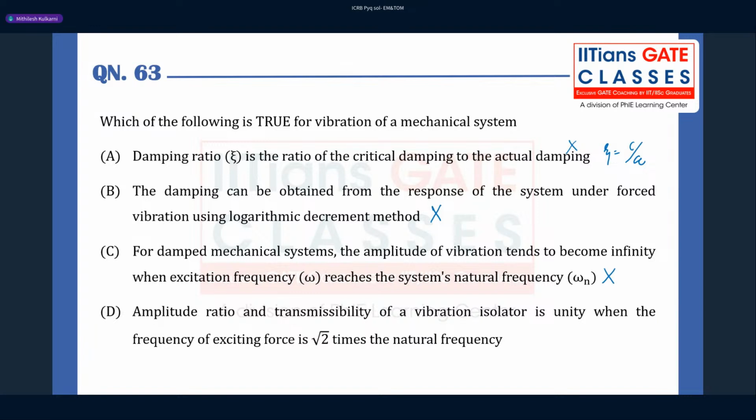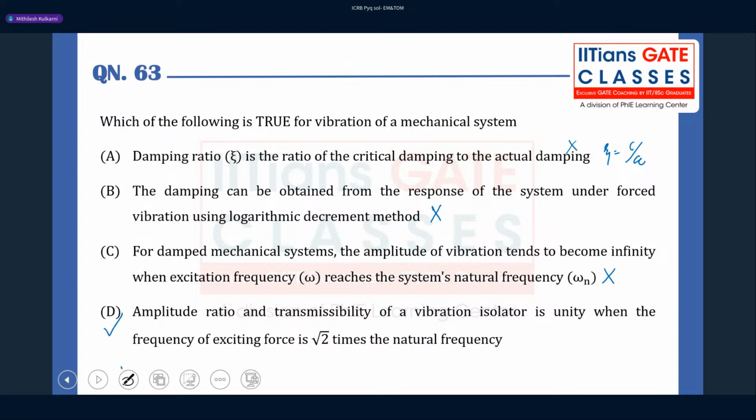The last one is option D. Let's try to read it. The amplitude ratio and the transmissibility of a vibration isolator is unity when the frequency of exciting force is √2 times the natural frequency.